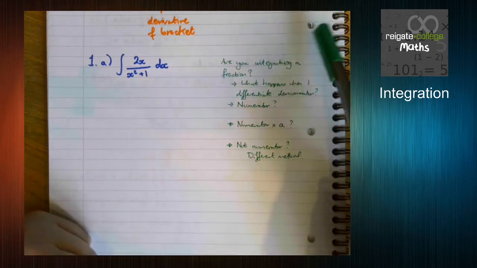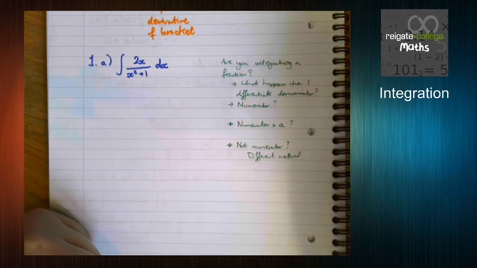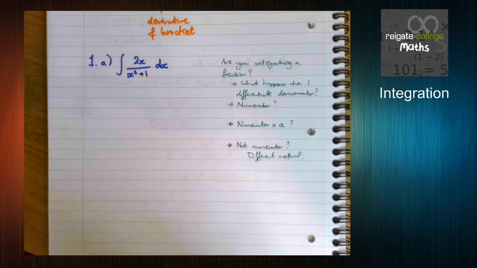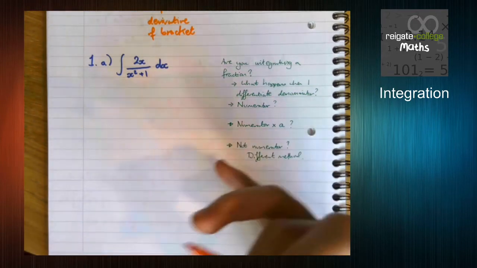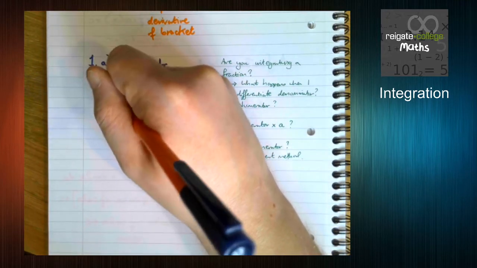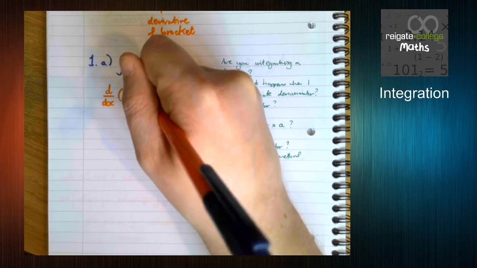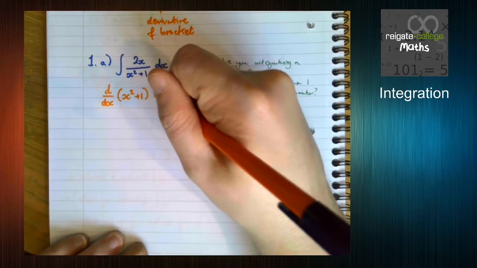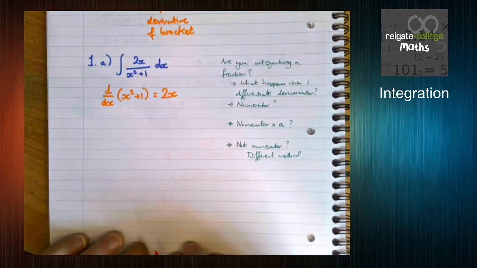So let's put this kind of checklist into practice. We're integrating a fraction. What happens if we differentiate the denominator? So this bit typically you would do in your head. So the denominator is x squared plus 1. If we differentiate that, we get 2x.